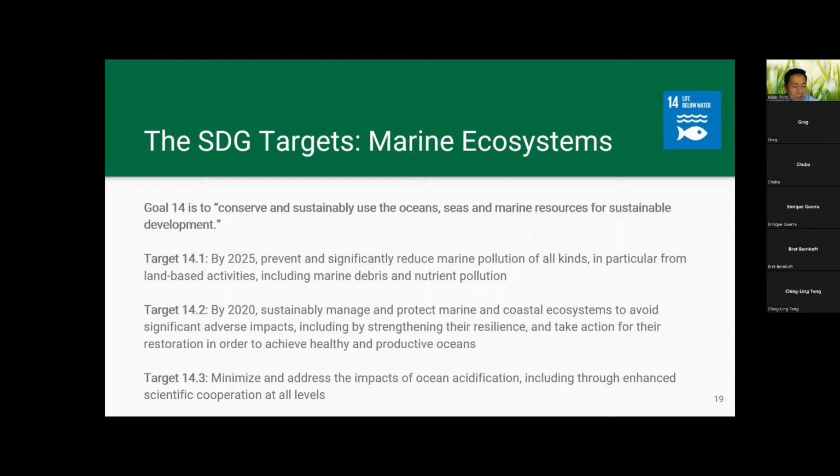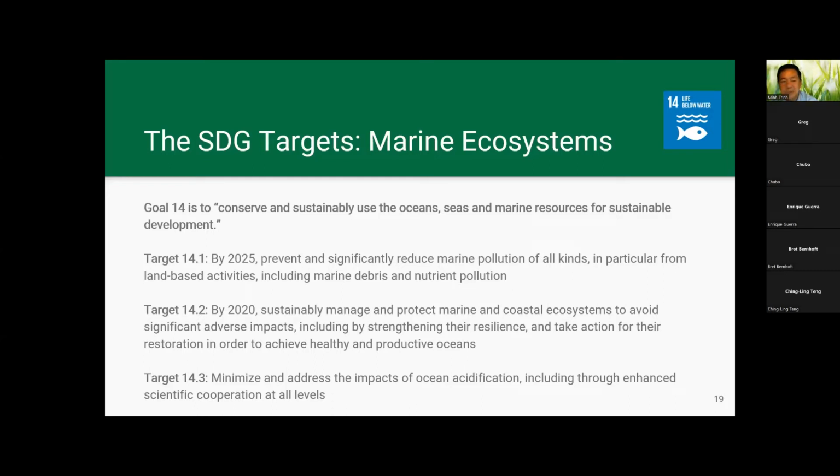Target 14.2: by 2020, sustainably manage and protect marine and coastal ecosystems to avoid significant adverse impacts, including by strengthening their resilience and taking action for their restoration in order to achieve healthy and productive oceans. Target 14.3: minimize and address the impacts of ocean acidification, including through enhanced scientific cooperation at all levels.